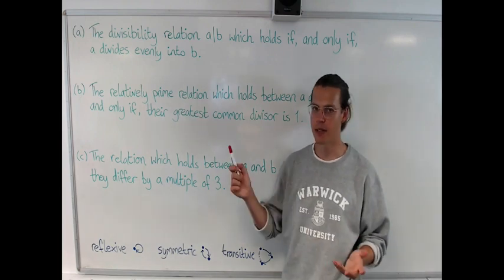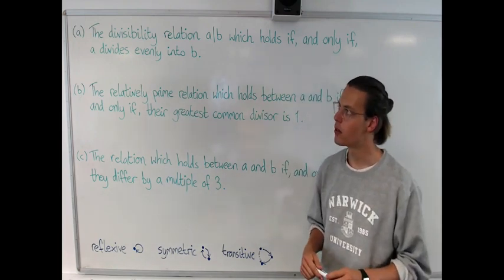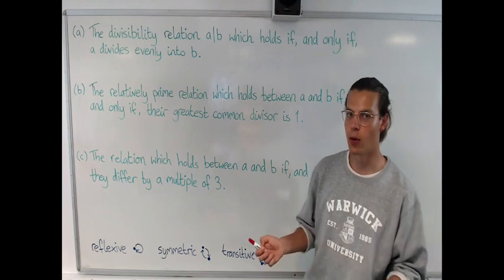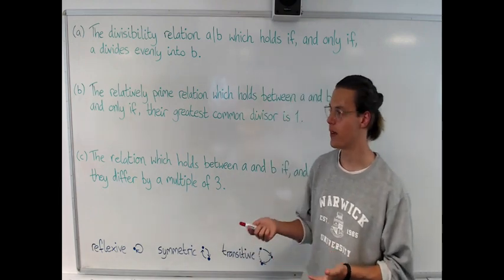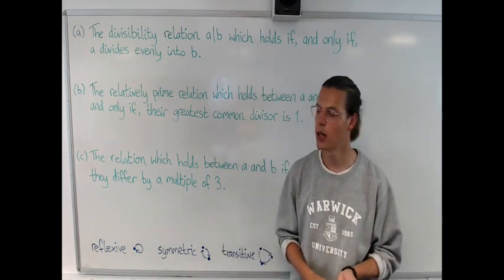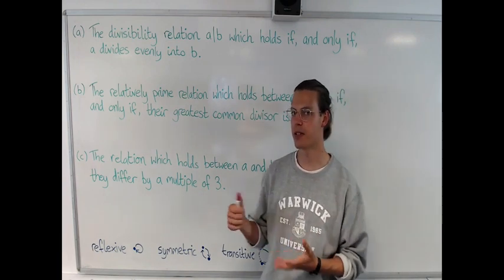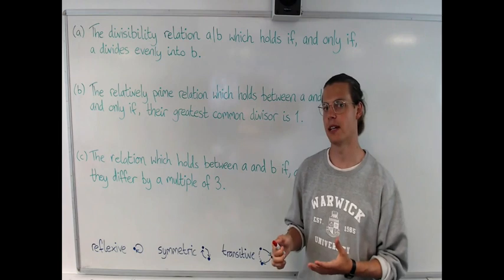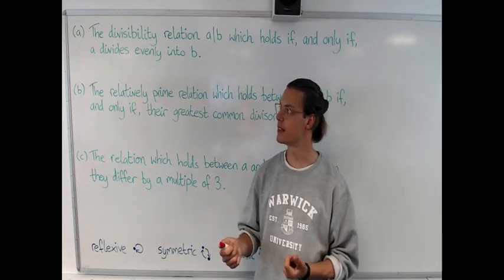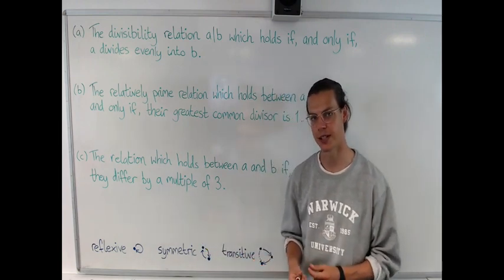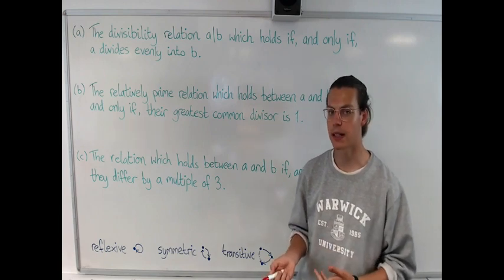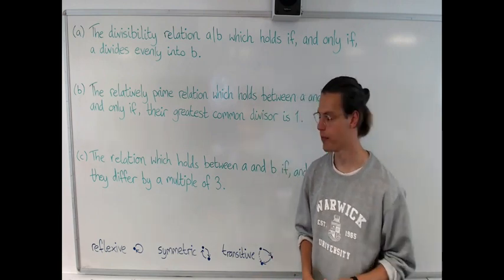Is this a symmetric relation? Well, 2 is related to 4, since 2 divides evenly into 4, but 4 does not evenly divide into 2, so 4 is not related to 2. So this is not a symmetric relation. In fact, it is antisymmetric.